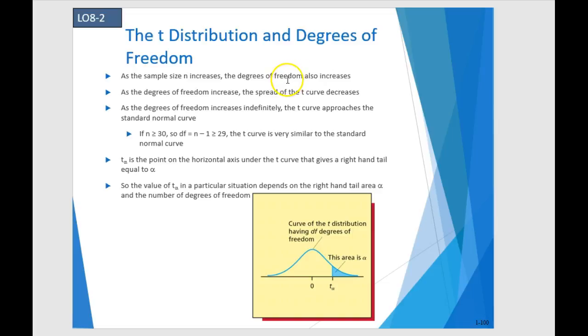As the degrees of freedom increases indefinitely, the t-curve approaches the standard normal curve, which I just mentioned. If n is greater than 30, so degrees of freedom, n minus 1, is greater than 29, the t-curve is very similar to the standard normal curve. So this n equals 30 number is going to be very important.